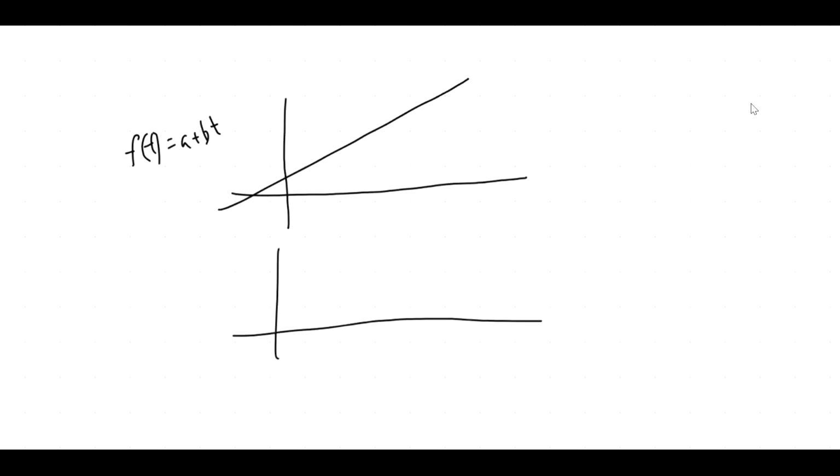Suppose I give you an equation of a straight line, e plus bt. And then suppose I give you another function g(t), which is sine t, meaning an oscillatory behavior.